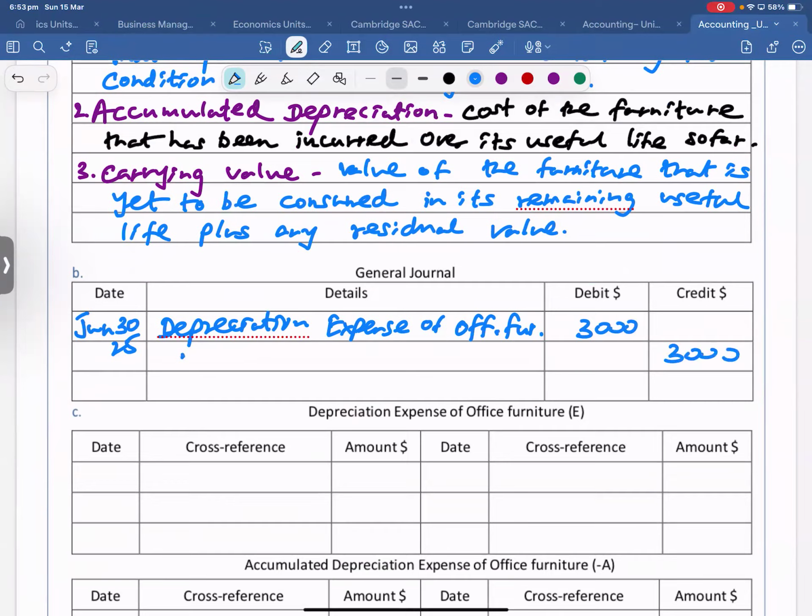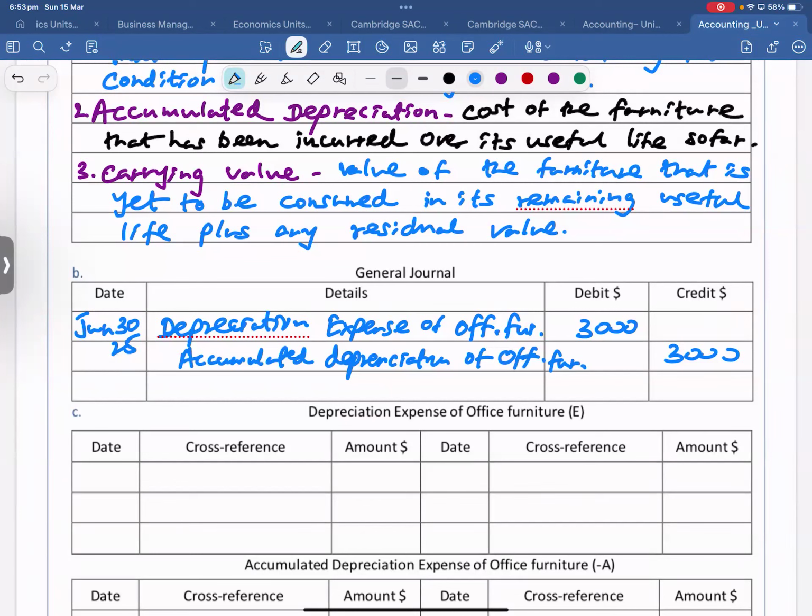Where do you credit it, guys? Accumulated depreciation. Would you write what's in the ledger? Yeah, but we don't have space. You can abbreviate it, no problem. In the journal, actually, yes, we should write, but again, no space.